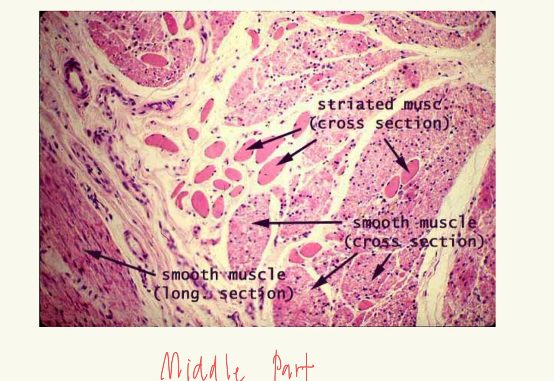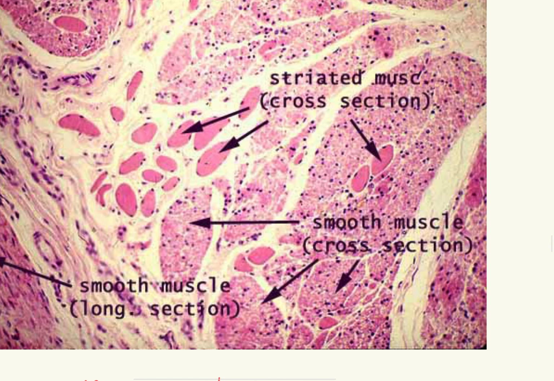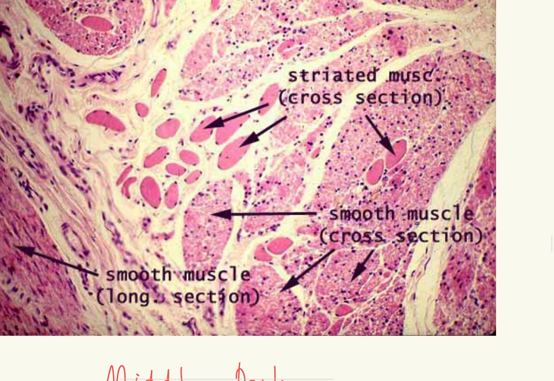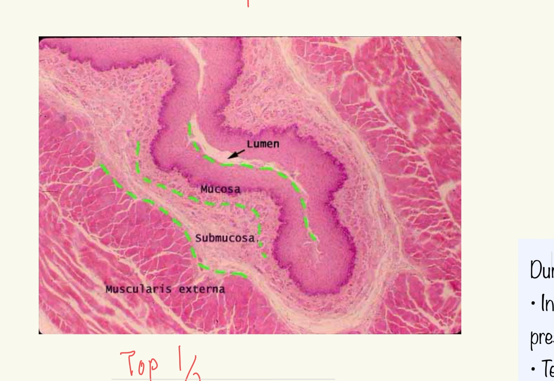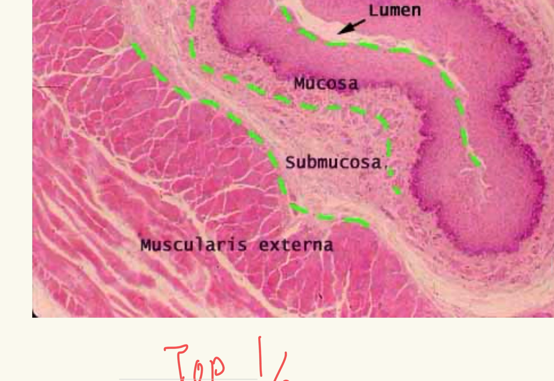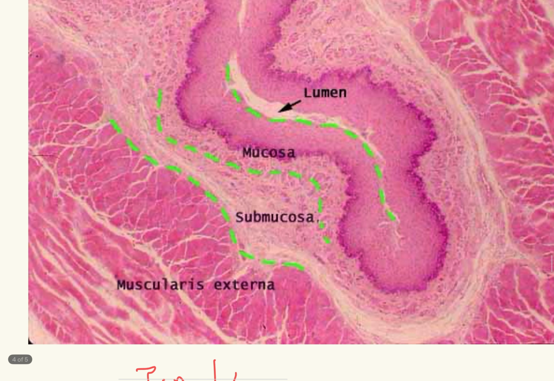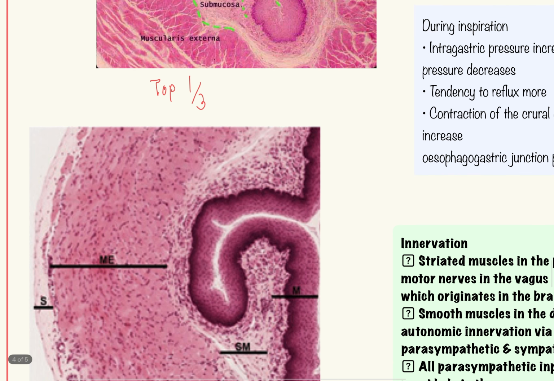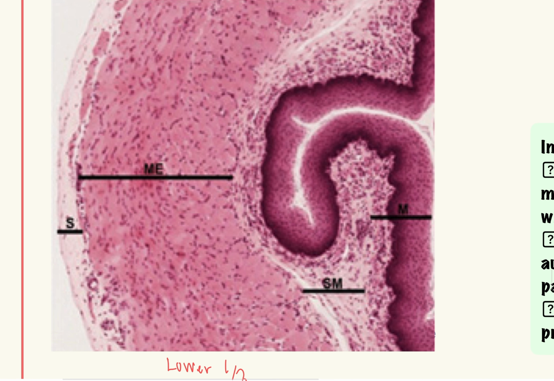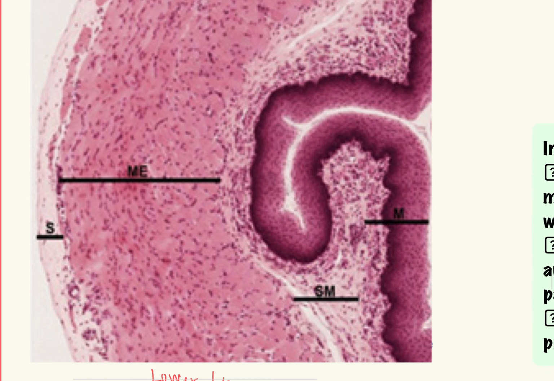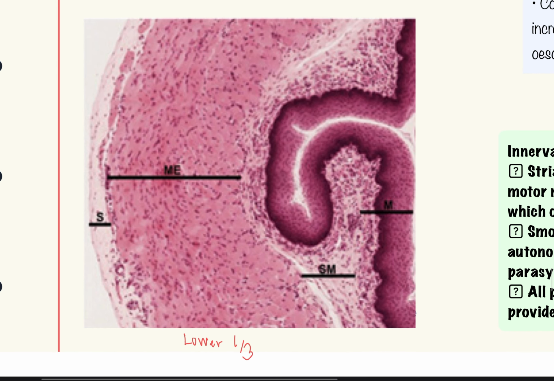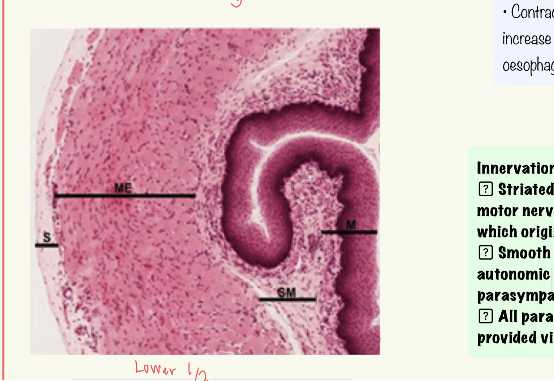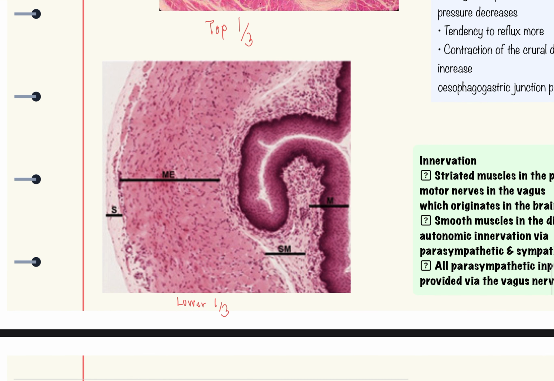This is the long section, that's why you can see a spindle shape, while the smooth muscle cross section is like this, and striated you can see like this. So this is the top part. We can see the striated muscles, cross section and longitudinal section, while in the lower part we can see the smooth muscle layer. And this is the serosa, so it is obvious that this is the lower part.